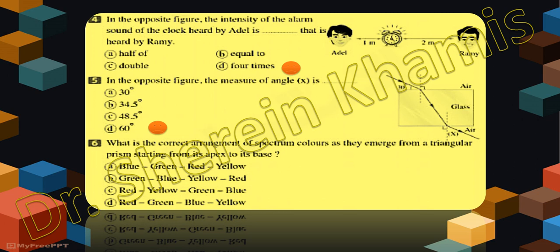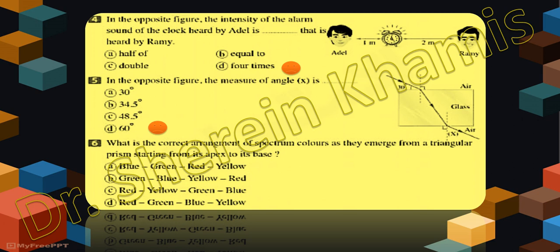Okay, let's go to question 6. What is the correct arrangement of spectrum colors as they emerge from a triangular prism, starting from its apex to its base? Okay, we said that we start with red, orange, yellow, green, blue, indigo, violet. So starting from the apex, we have red, orange, yellow.